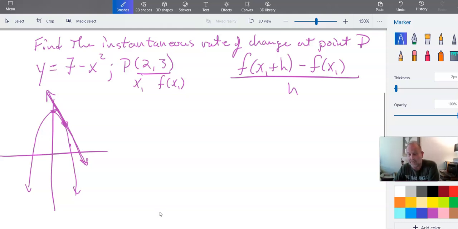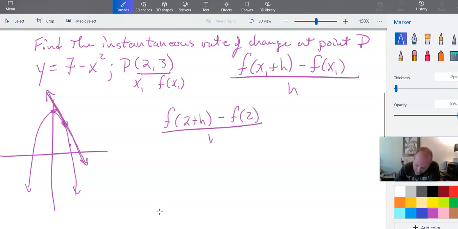So let's go ahead and take a look at what the mathematics looks like on this. Since x1 is 2, this is f of 2 plus h minus f of 2 over h. Okay, that's what we're looking for. This is our delta y over delta x. Well, we have functions that describe these things.